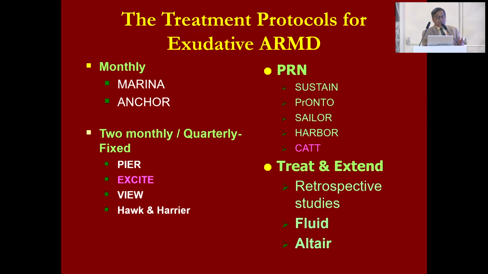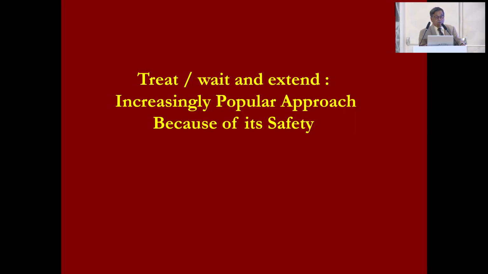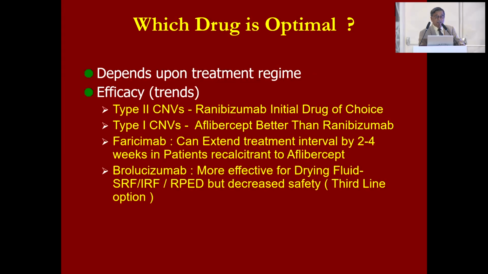We also have multiple treatment protocols for exudative AMD and other types of CNVM, including, in addition to monthly injections, quarterly fixed injections, PRN, or treat and extend. Over the last few years, treat and extend has become an increasingly popular approach because of its safety.